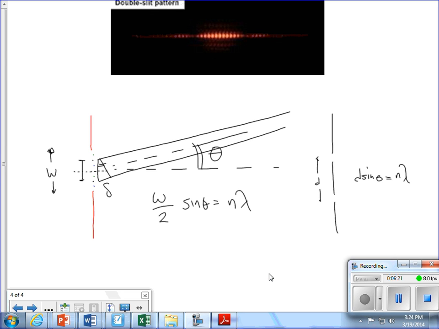Anyway, what we have here is that we can end up with the same sort of approximations if we want.